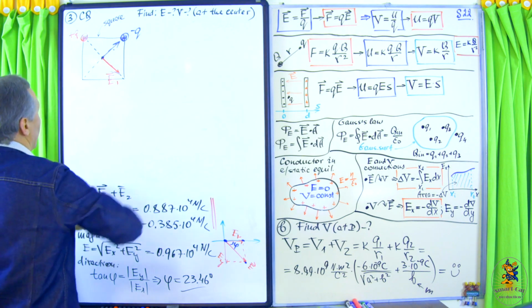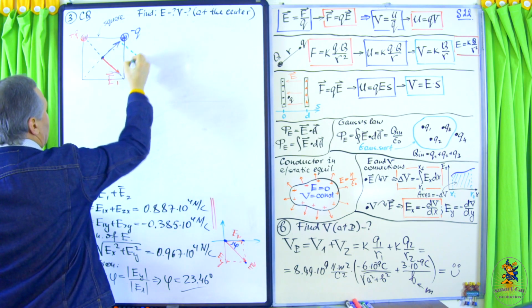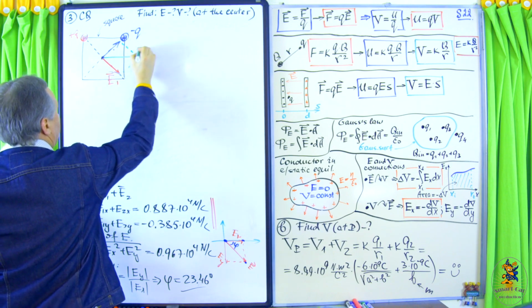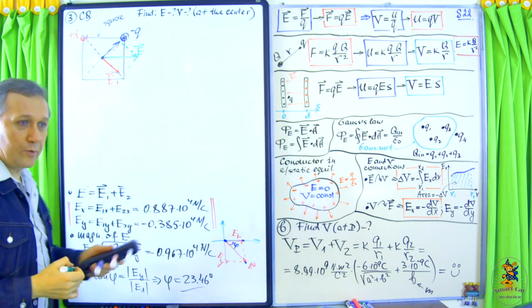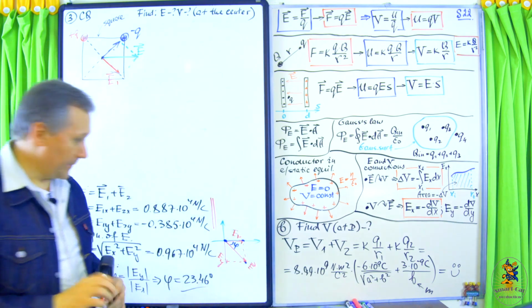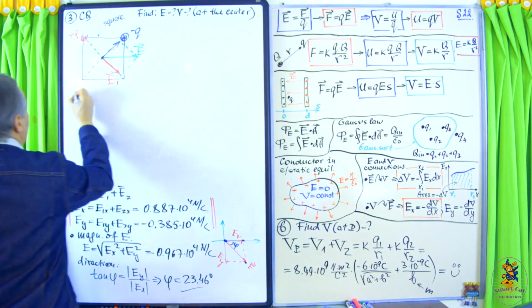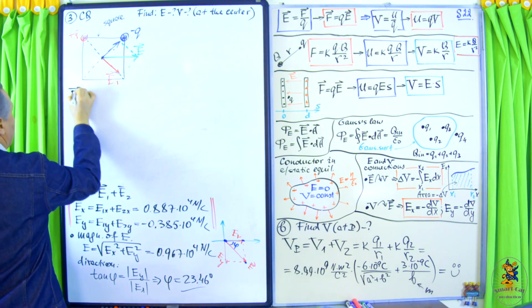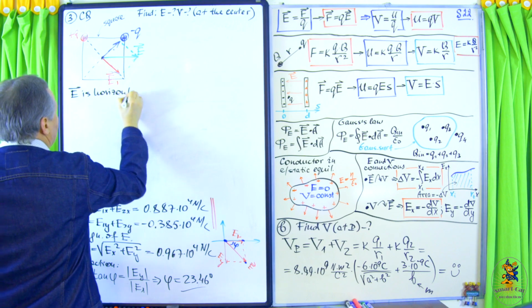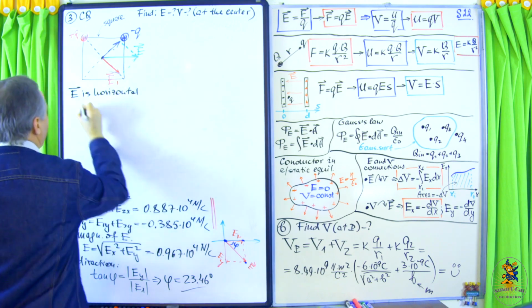So it means that if we add them up, the net electric field will be purely horizontal, right? So that will be the direction of the net electric field. So I can write, E is horizontal, and to the right.